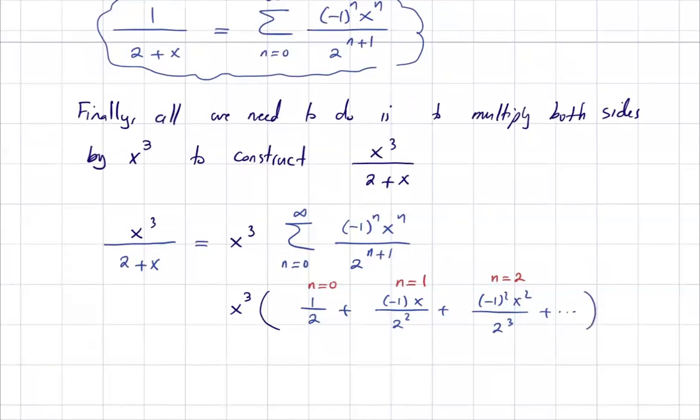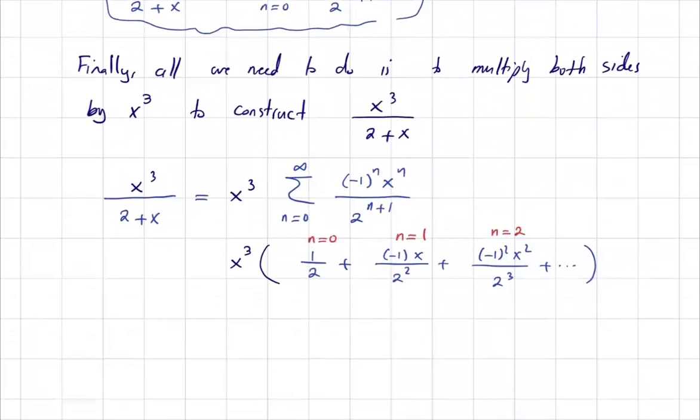So what are you doing? You are just basically distributing x cubed into parentheses here. A half minus x over 4 plus x squared over 8 minus x to the third divided by 16 plus the rest of the terms.